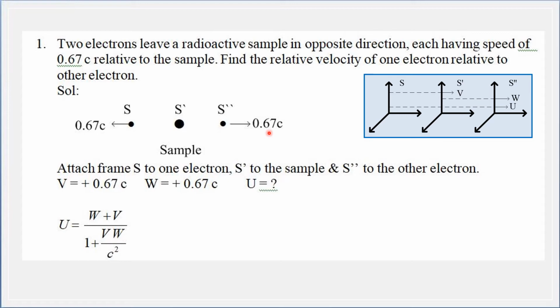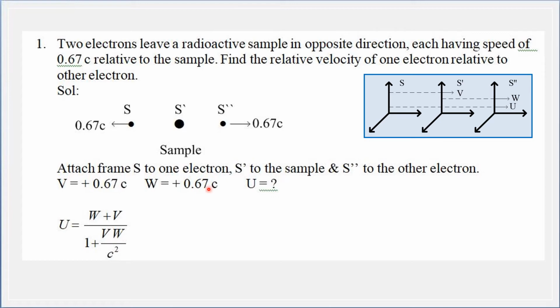But here what happened is, the velocity with which the third frame is moving with respect to the second frame, so the velocity of these electrons moving with respect to the sample, its direction is the same as that of the W as marked in the original diagram. So W is plus 0.67 C.